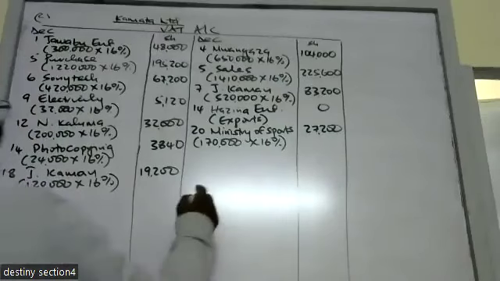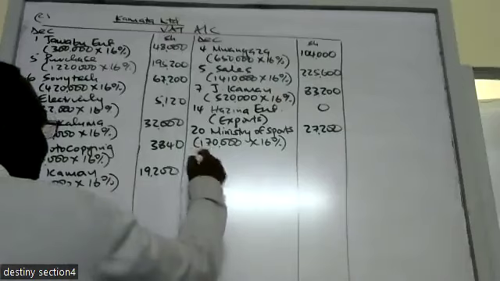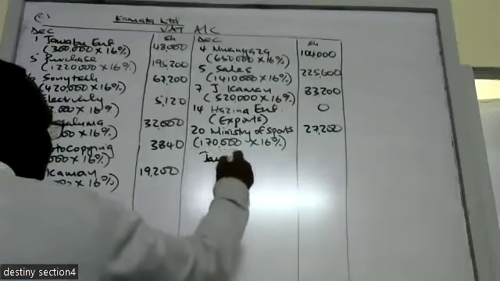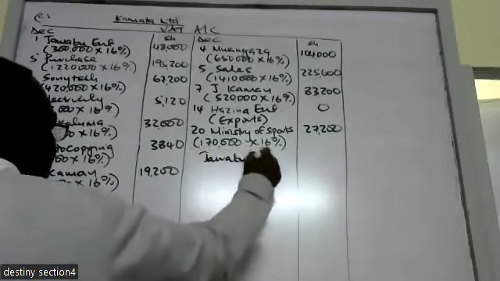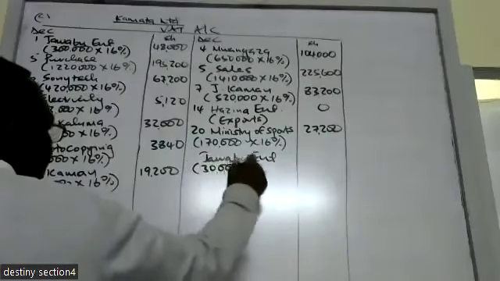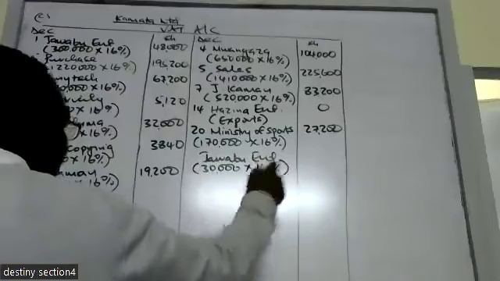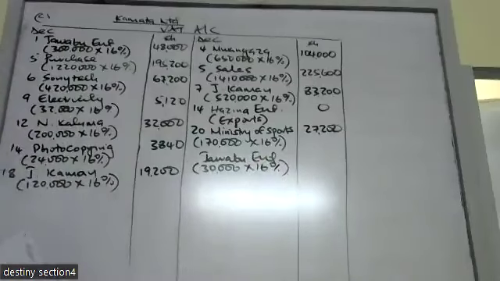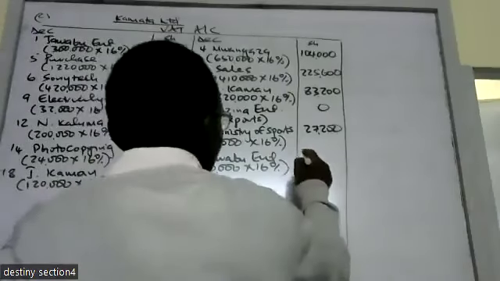So let's say Jawabu Enterprises for returns. So when we share 10%, which is 30,000 times 16%. Nafikiri ni 4,200, but we can confirm 4,800.